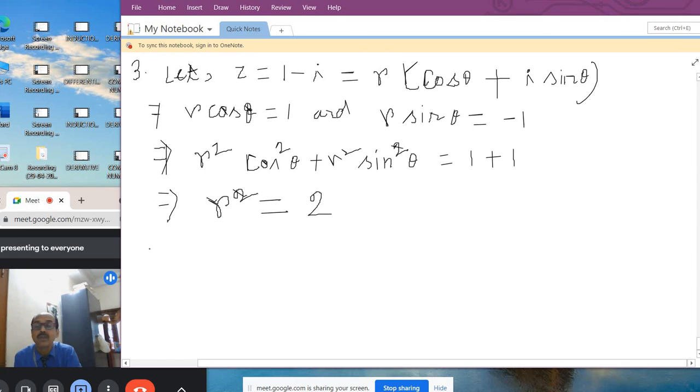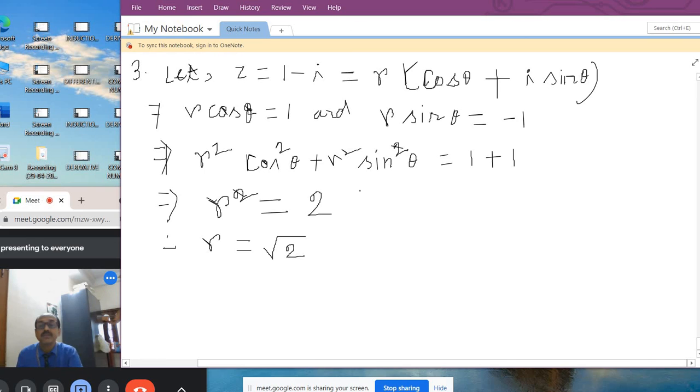So r equal to root 2. Okay, r is root 2.